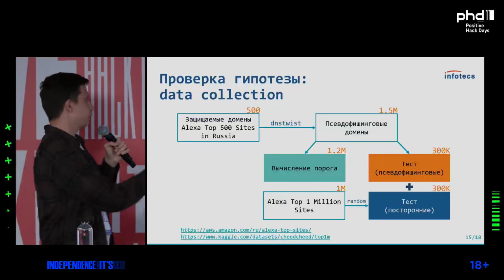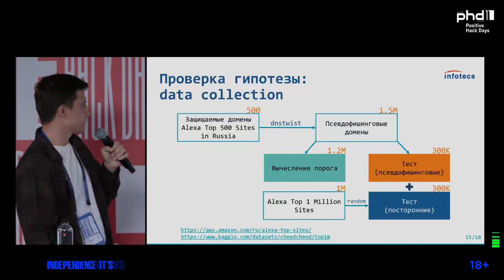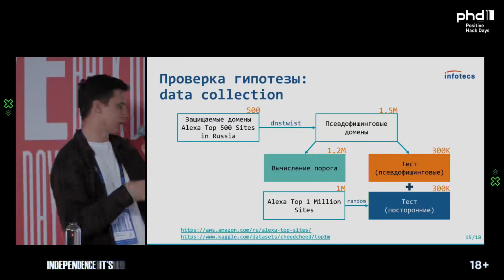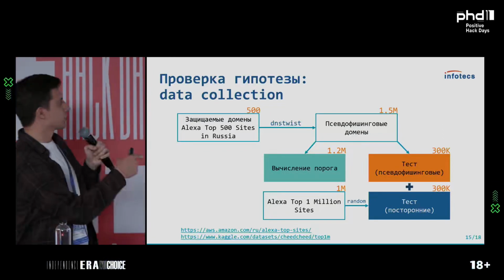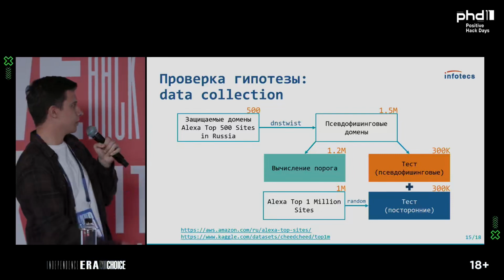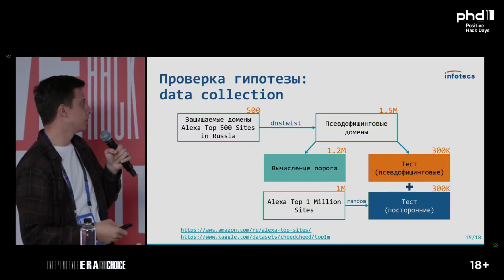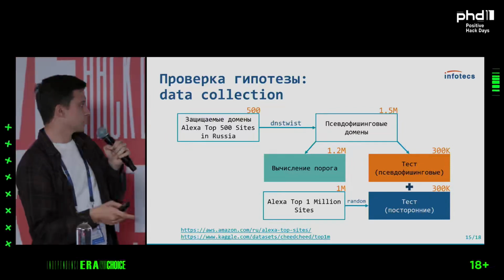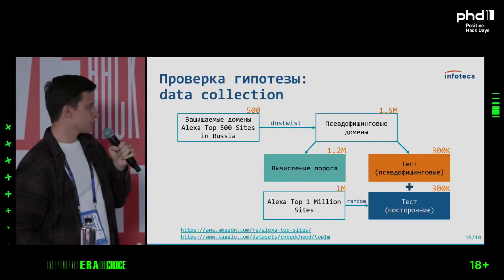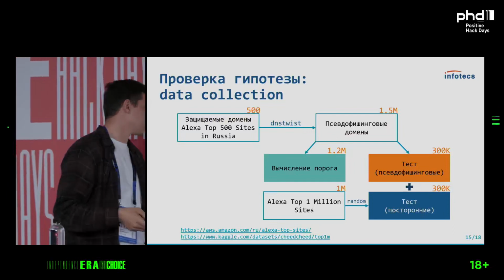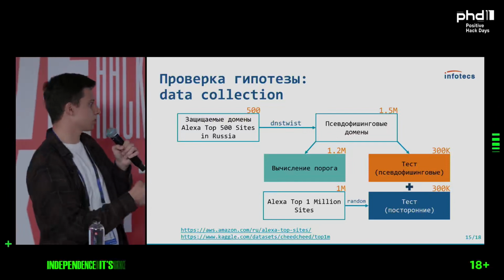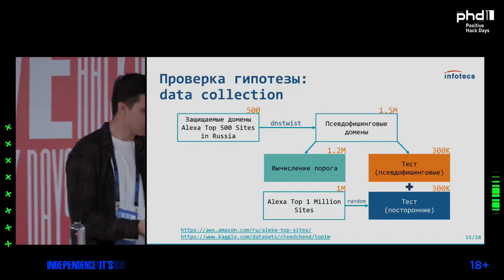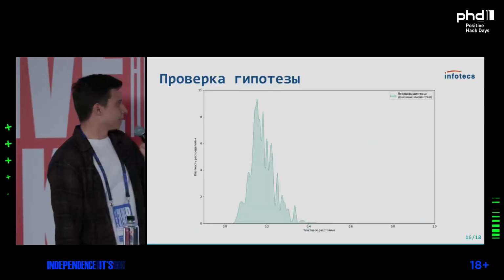So we gathered some data, the Alexa top 500 sites, for example. This is the number of objects. We created 1.5 million pseudo-phishing domains. 1.2 million went to threshold calculation and 300K for testing. And I also added 300,000 others from the Alexa top million.